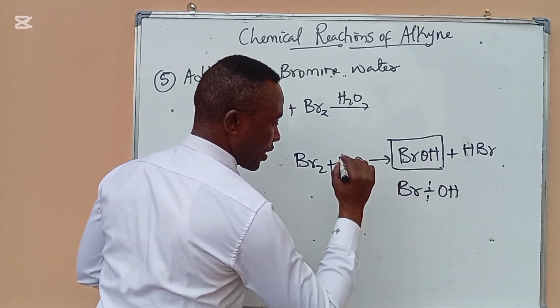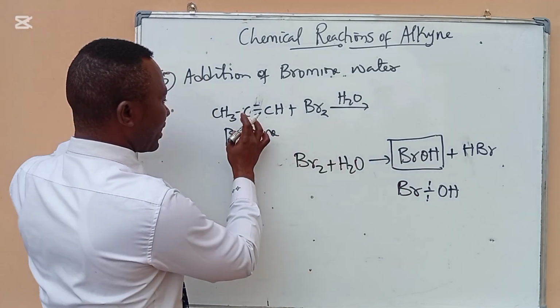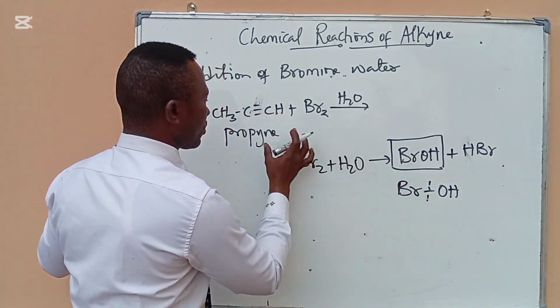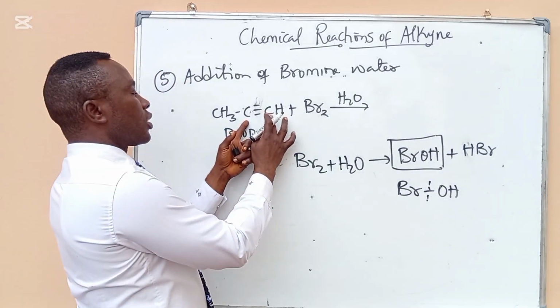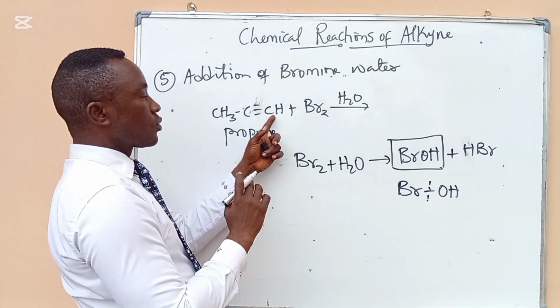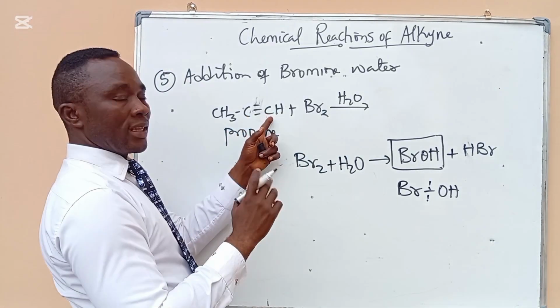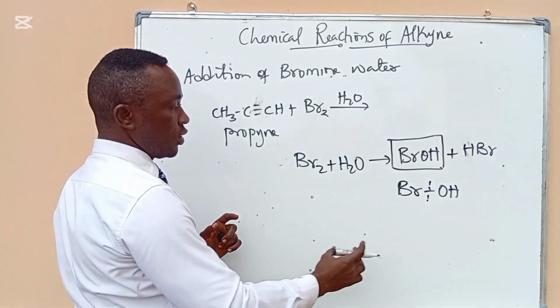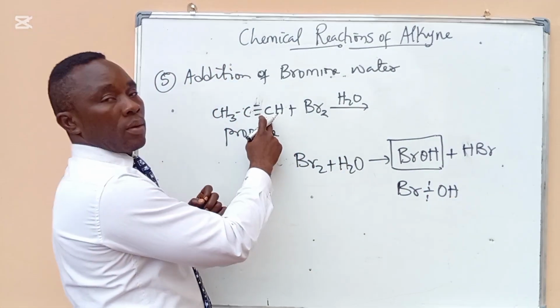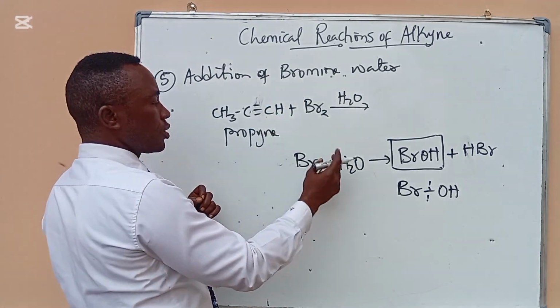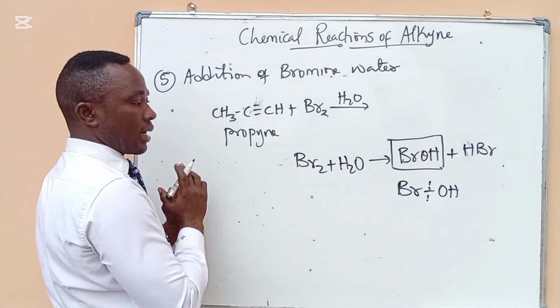If this bond breaks, one of these will be added to either carbon of the triple bond. If you look at the carbons of the triple bond, one has hydrogen while the other does not. So the addition will obey Markovnikov's rule. OH will be added to the carbon atom bearing the higher number of hydrogen, while bromine will be added to the other carbon.